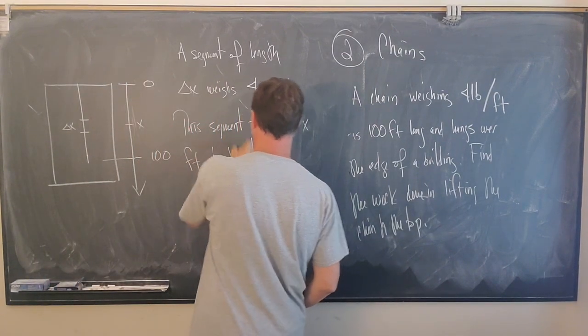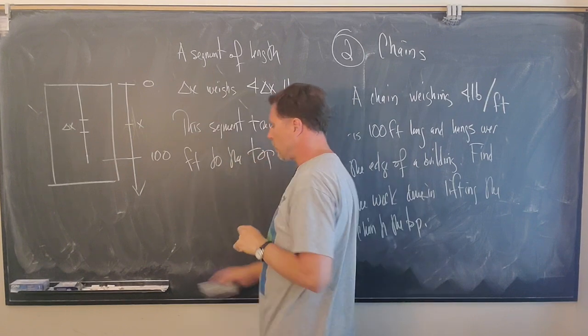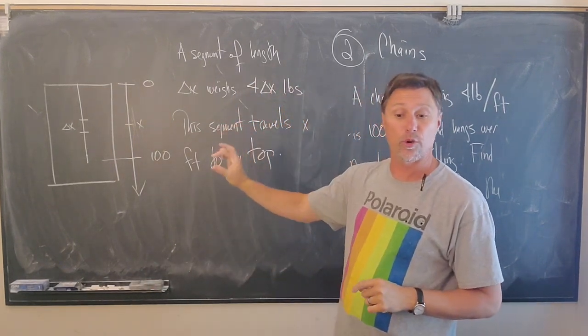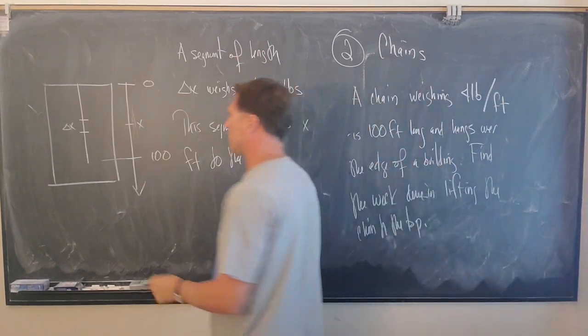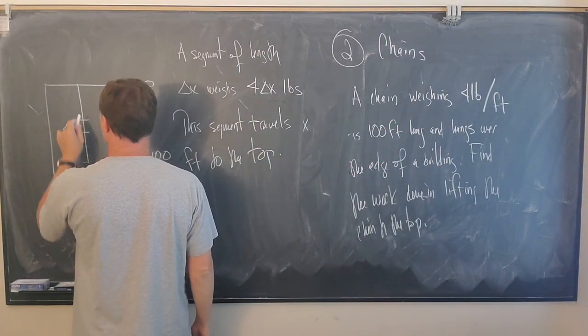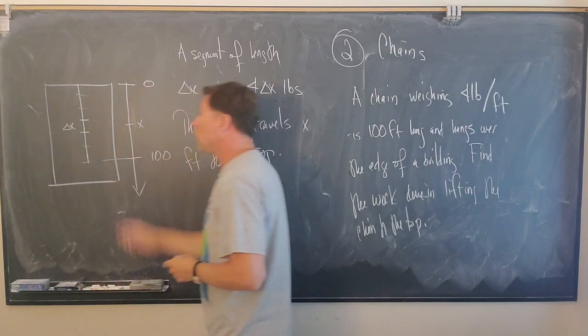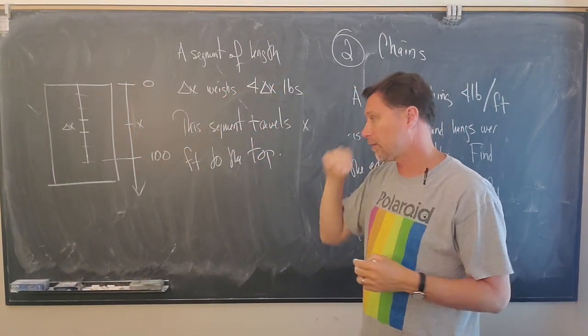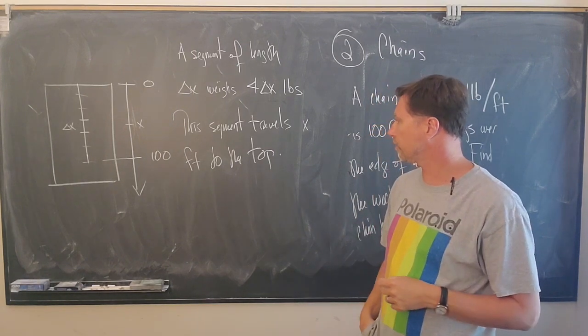So the way we want to attack this problem is to find the work required to move an individual segment to the top, and then imagine we chopped our chain up into a bunch of pieces, we will find the work required to get each of those segments to the top. That will give us our function to integrate.